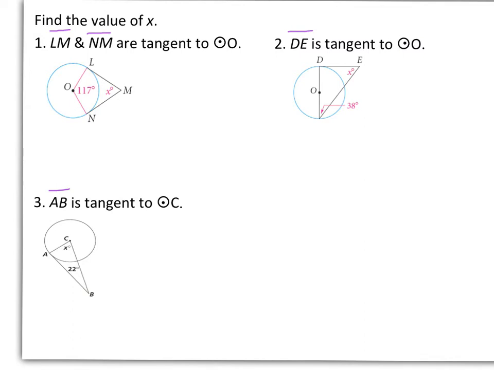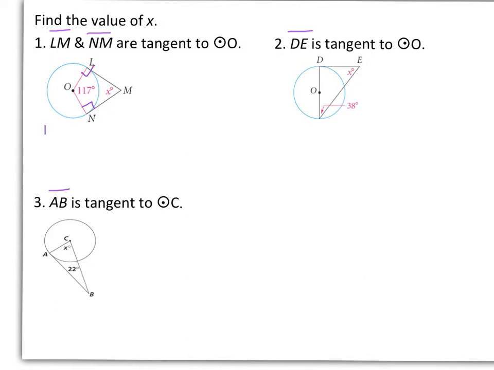In our first examples, we want to find the value of x. In number 1, line segments LM and NM are tangent to circle O. So that means at L we have a right angle and at N we have a right angle. Now we have a quadrilateral, so our interior angles will add up to 360.